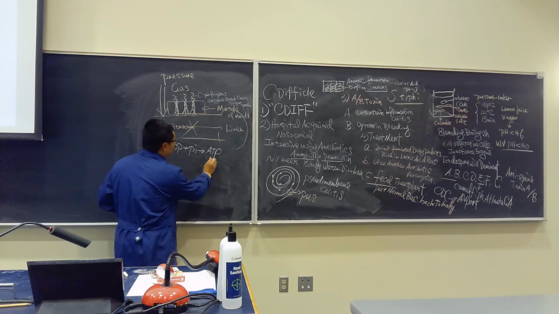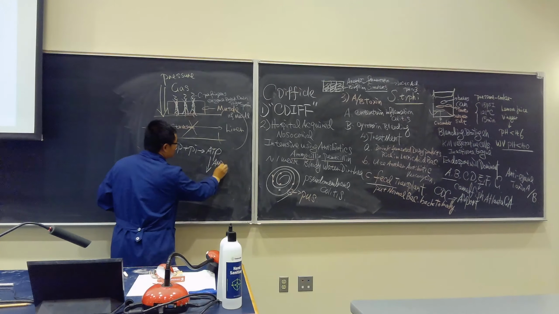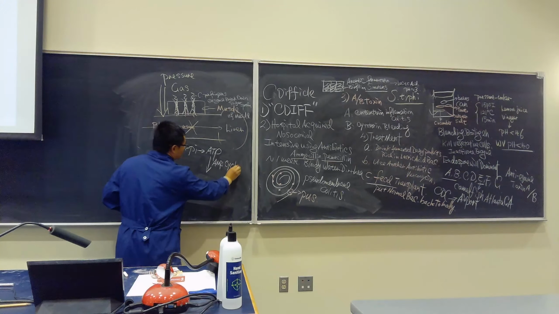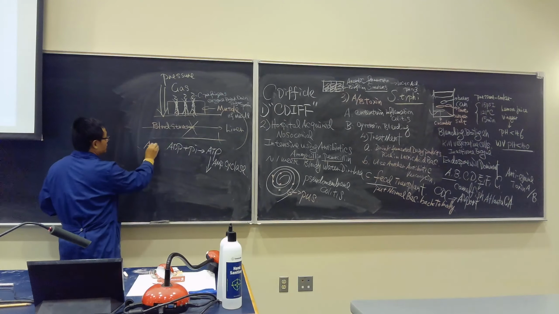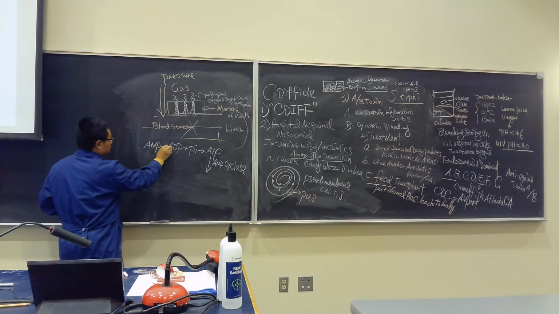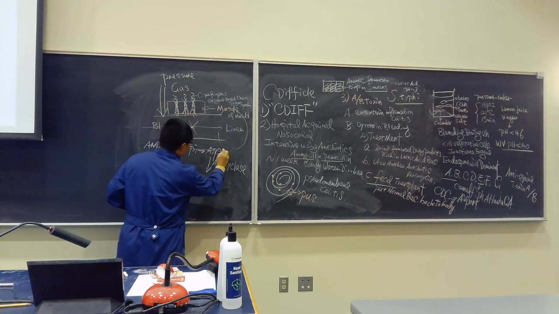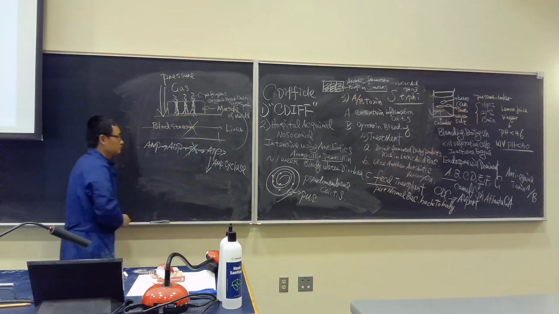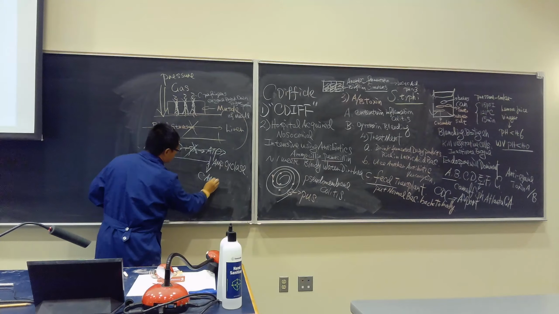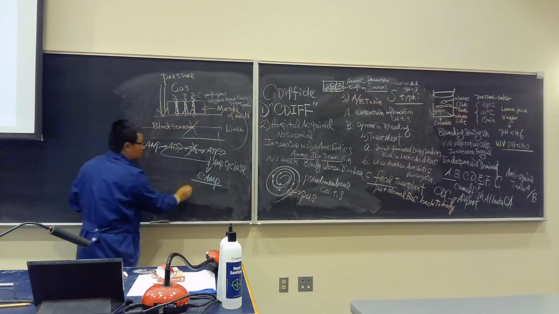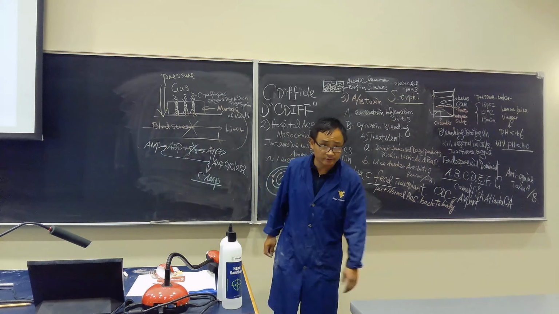If something happens, with AMP, adenylate cyclase acts. Here is AMP, okay? Instead of becoming ADP and ATP, this will become cAMP. Once cAMP is generated, everything will be bad.